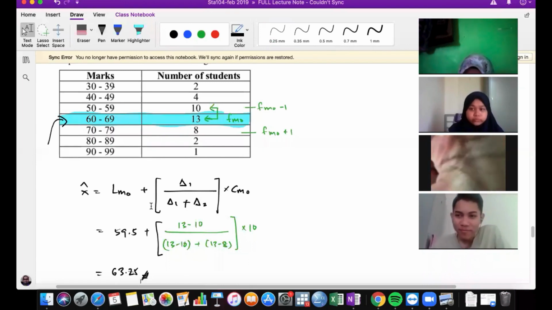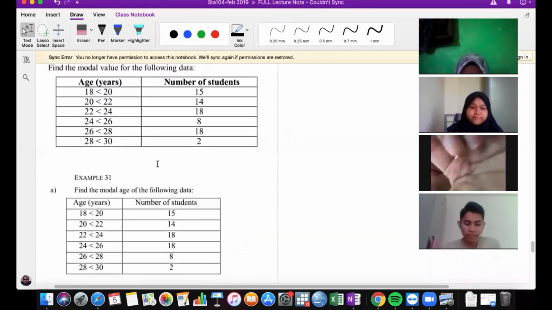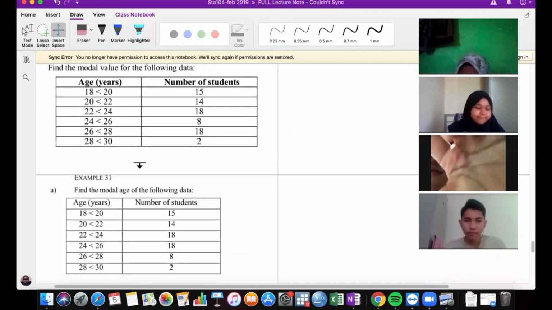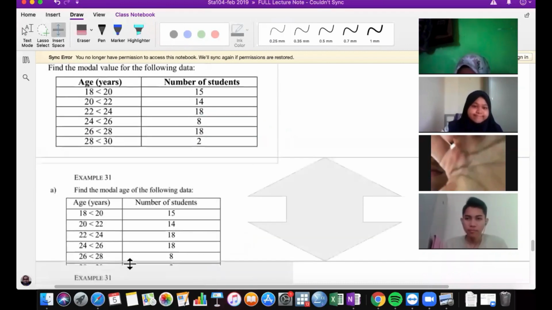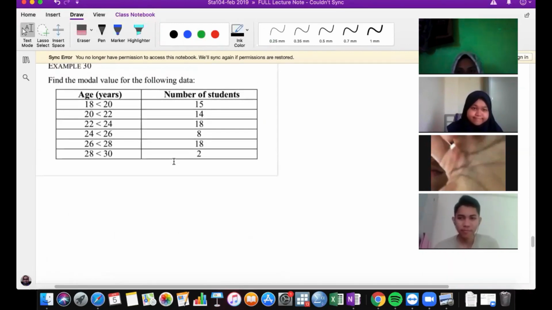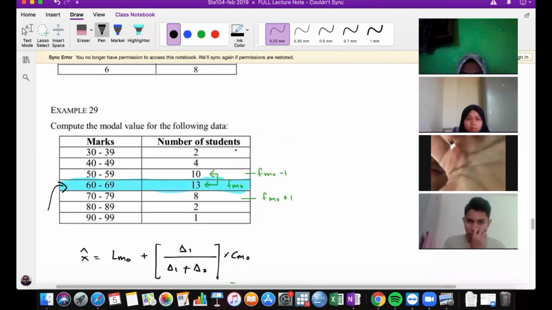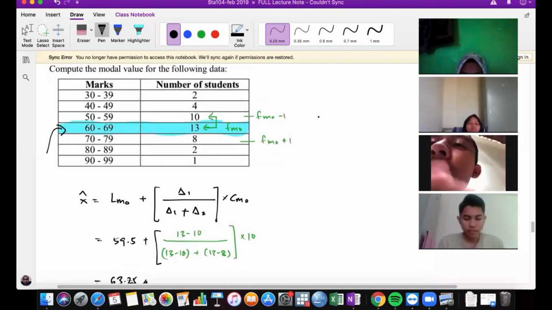Okay, right. Now look at example number 30. Example number 30 is also the same. But before we go to example number 30, look at example number 29.